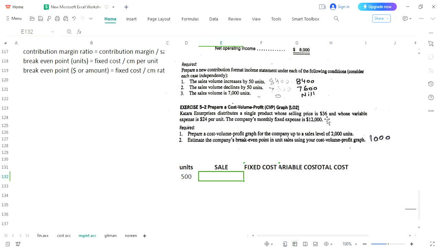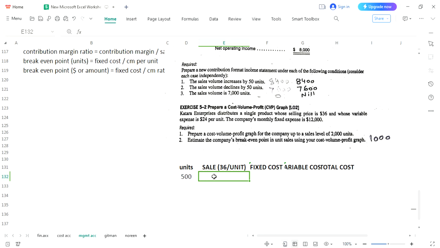Every unit is being sold for 36. We can write sale price per unit over here so that you can come to know it.